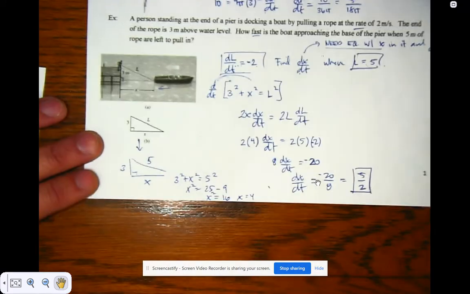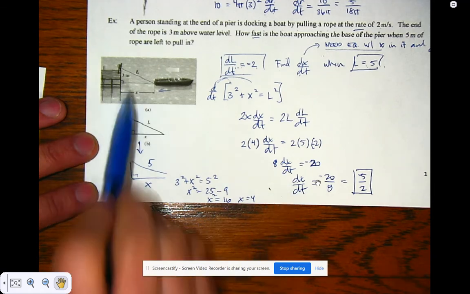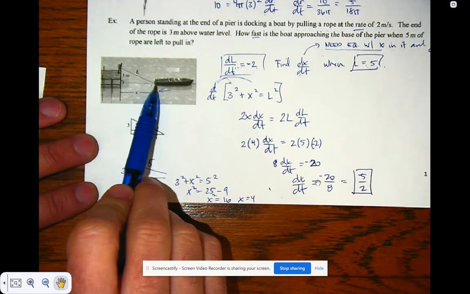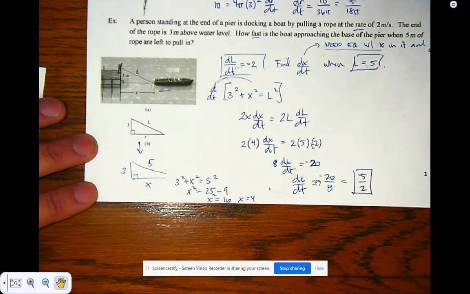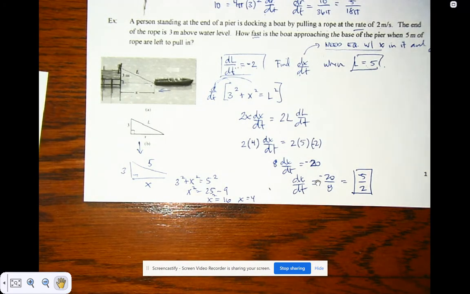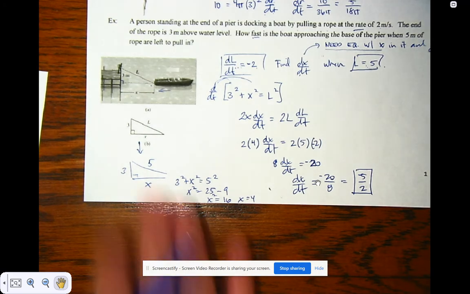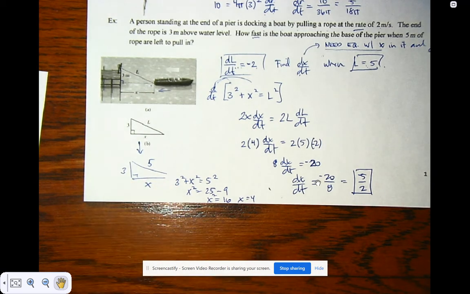And that would make sense because, look, we found dx/dt, same thing. Isn't x shrinking here? So dx/dt would be negative. Okay, so now that we've kind of done the guts of it, adding a positive or a negative hopefully doesn't make it more difficult. I just didn't want to introduce them all at the same time.